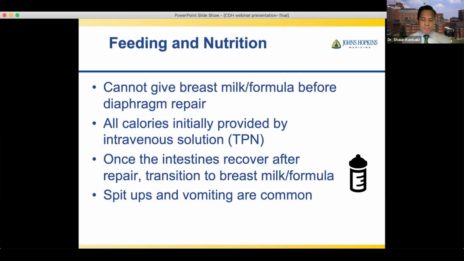But it's important to understand that many CDH infants do have pretty substantial gastroesophageal reflux, so spit-ups and vomiting are quite common early on. We do work closely with the NICU team as well as other feeding providers to make sure your baby grows and gains weight normally during this very critical time in development. Next slide.